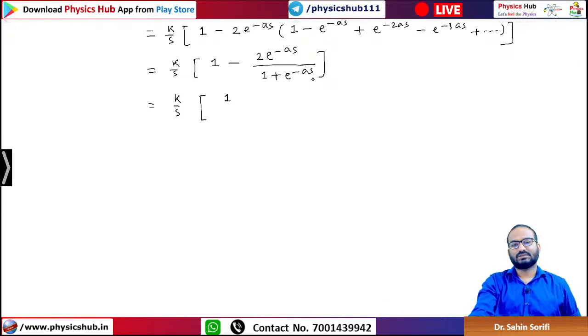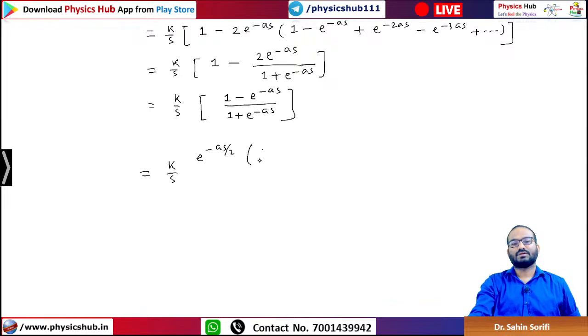So 1 minus e to the power minus s by 1 plus e to the power minus s. K by s, we can take e to the power minus s by 2 common once again. If you take e to the power minus s by 2 common, the numerator will give you e to the power s by 2 minus e to the power minus s by 2.